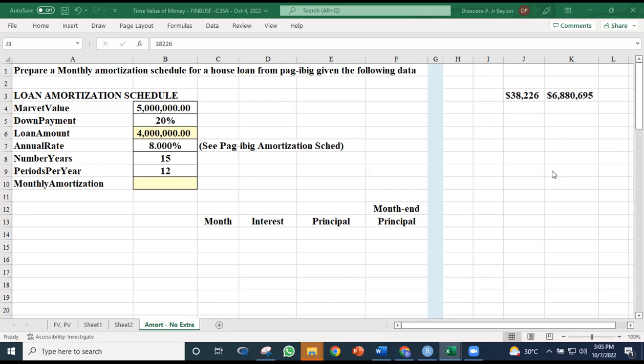Kamusta? Ladies and gentlemen, wala pa natatapos.